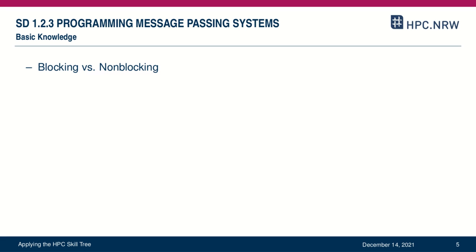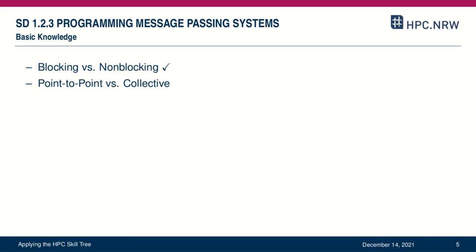So looking at the wiki, we see that for the basic knowledge, we have the blocking versus non-blocking. And for PPCS, we say, well, yes, we have that, certainly. And I think most of us will agree that blocking and non-blocking point-to-point communication is kind of what is contained in any basic MPI course.